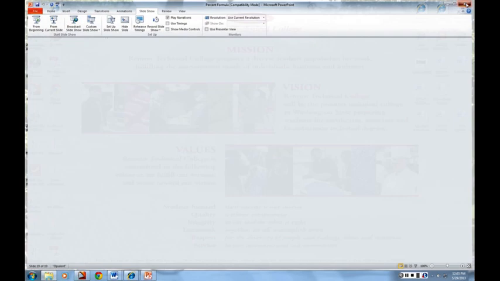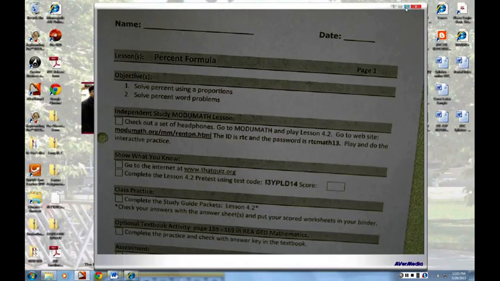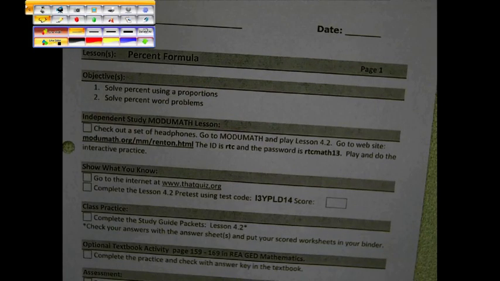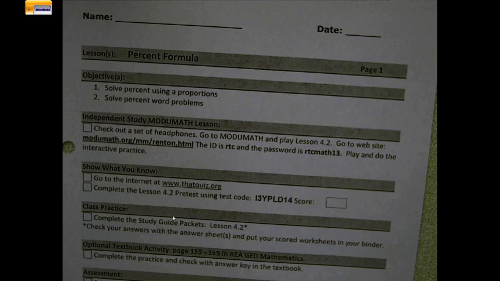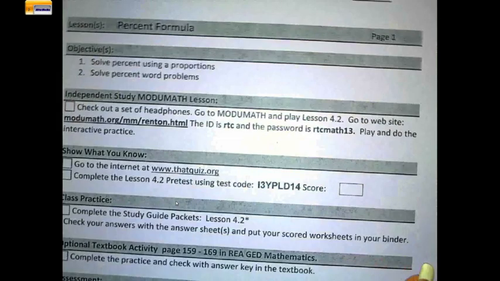Go to your packet and let's look at the first exercise. You guys have a pre-test and a post-test. I think the morning class was able to get the first one done, and some of them were not quite finished with the second one.